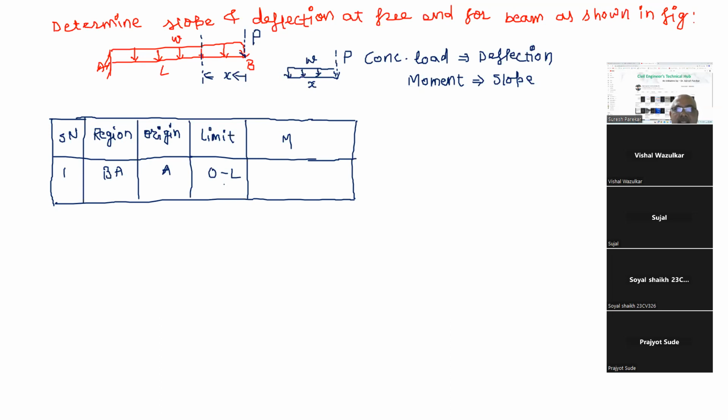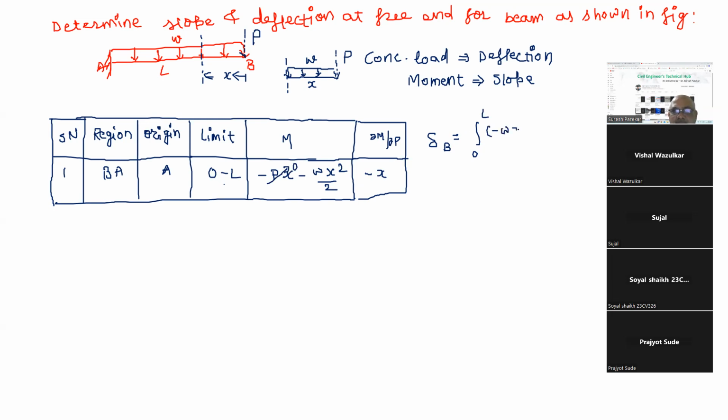This is X. So what will be the moment at this? Then we have minus Px minus Wx square by 2. And then we have to take ∂M by ∂P, and we have this value minus X. And then we have delta at B equal to the integration 0 to L. P we have to put 0 because it is a dummy load.